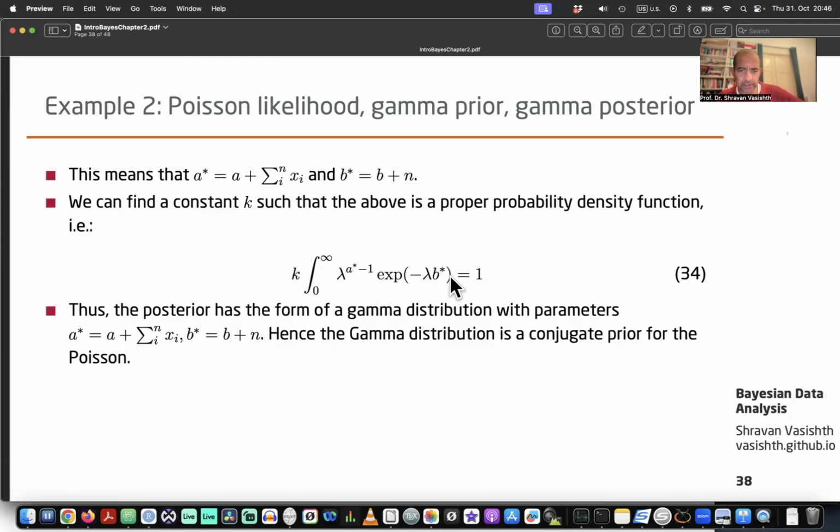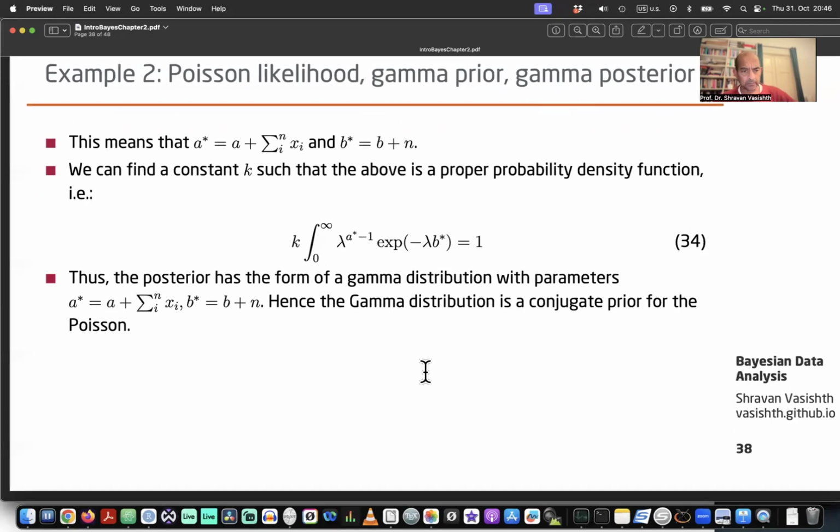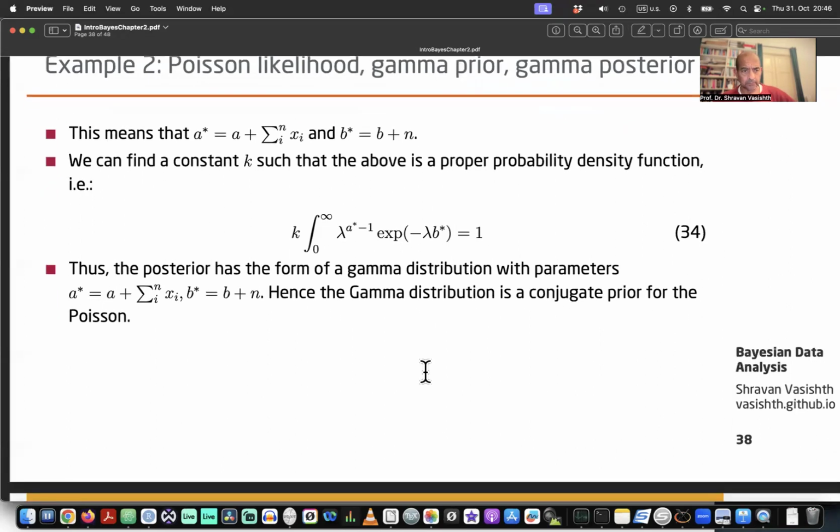Actually, this should have been d lambda here, right? This should have been d lambda. I will just fix that after the lecture. Okay, so what we've done is we've derived the posterior. And notice that this is also a conjugate situation.